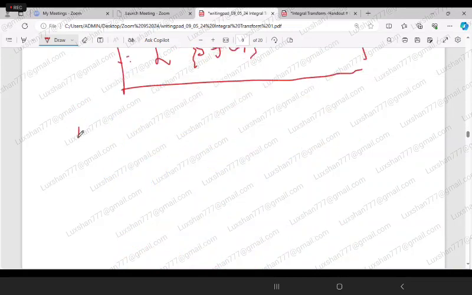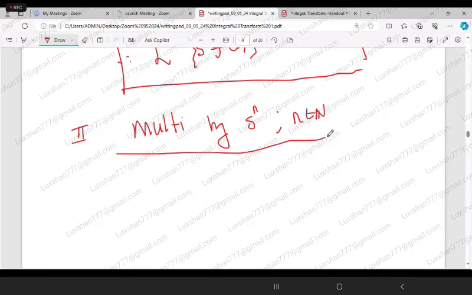Now, the second part is multiplication by s to the power n, where n belongs to the set of natural numbers.